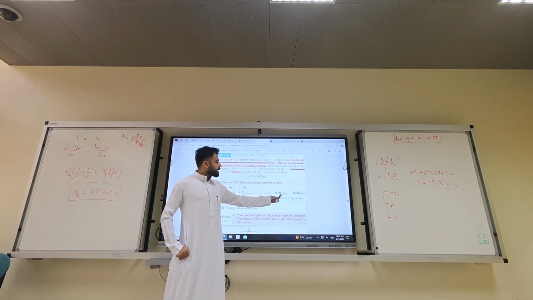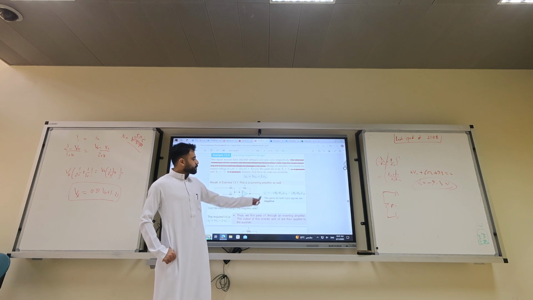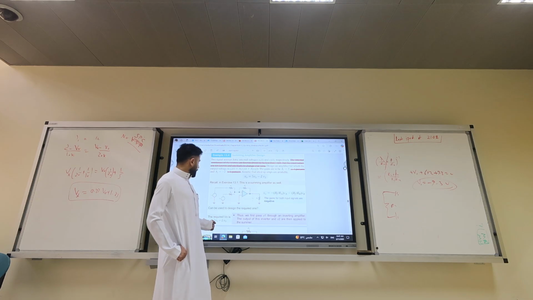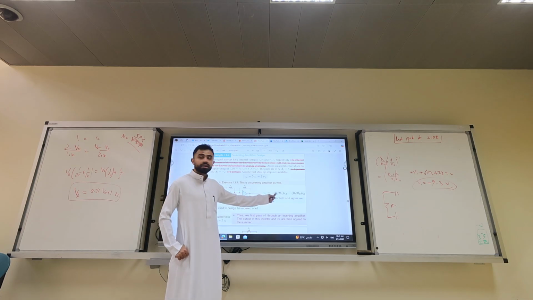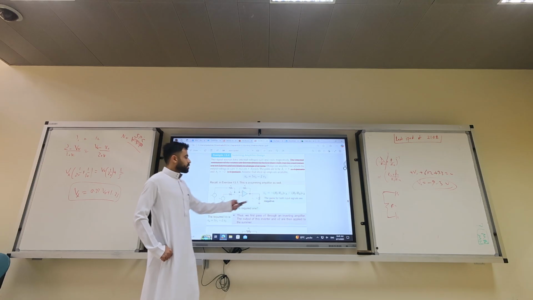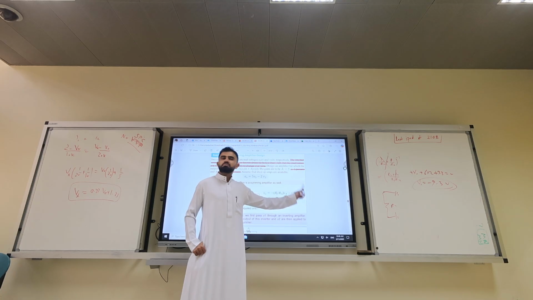Minus RF over RA, minus RF over RB. So in the design, RF over RA is 5, so let's say RF is 10K. RA is 2K. RF is 10K, RB is 5 kilo. It's a good design.